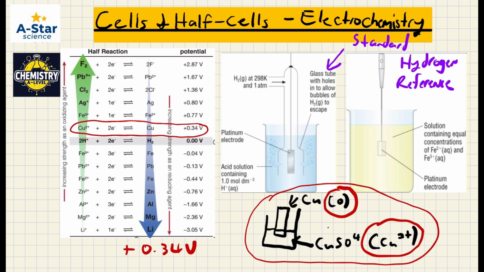But when you're able to connect it now to another half cell, when you connect these two together, you then can generate a voltage, and that voltage is known as the EMF, which is short for the electromotive force.